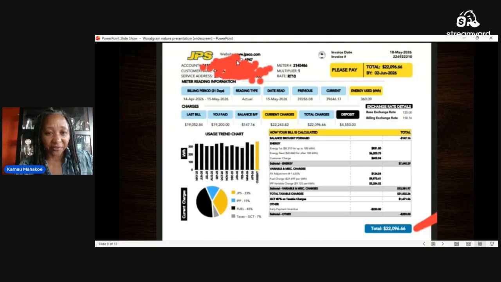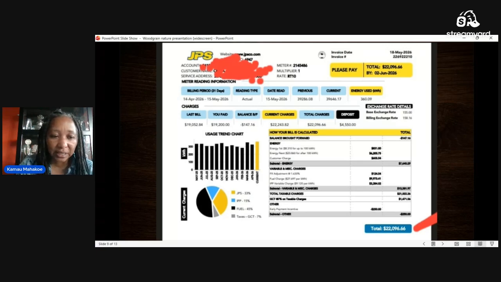Everybody's own is different, so yours is unique to you. Of course, you have the JPS logo. I am from Jamaica, and this is where the vast majority of Jamaicans get their electricity supply from the JPS, the Jamaica Public Service Company.